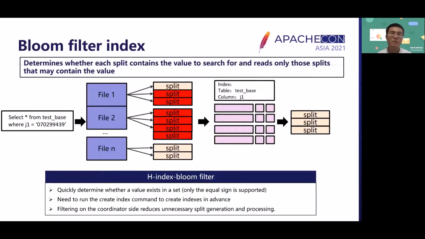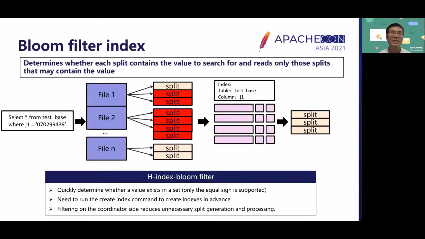As a result, most of the splits that do not contain the value will be filtered out early in the coordinator before data scheduling, and the worker won't need to load the data from the data source and do the processing and filtering, and hence we improve the overall performance and reduce the amount of data loaded over the network.